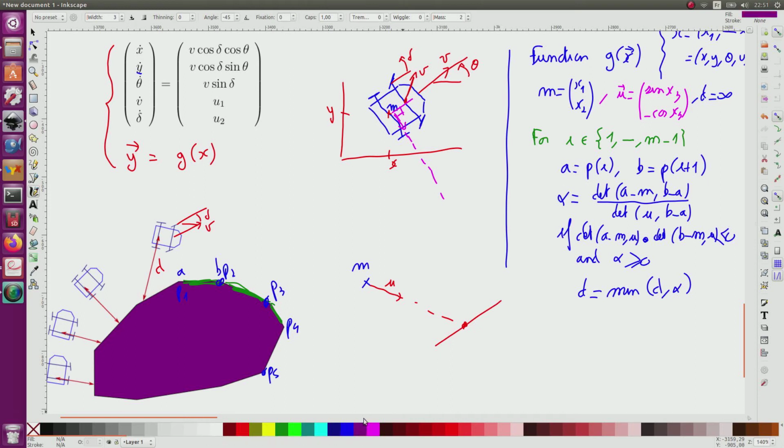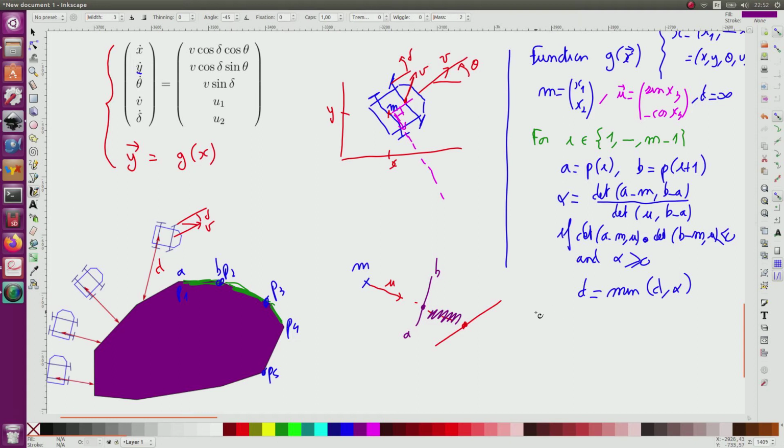If now I have a new segment here, A and B, then the alpha, so maybe not this here, like this, maybe like this, okay, A and B. The new alpha will be smaller than the previous one, so it will be clear that you have no laser here. Only the first one, the nearest one, will be responsible for the distance returned by the laser. This is why I have the minimum.